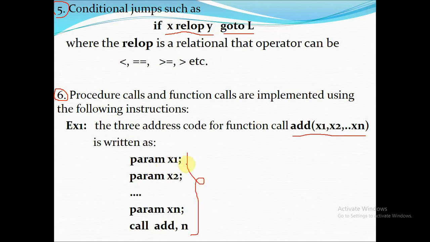So see here, param x1, param x2 and so on up to param xn. I have listed n parameters available in the add function call. And finally the reserved word call, followed by the function name, followed by the number of parameters. Here the add function takes n parameters, so n is given. Suppose the function add takes 3 parameters, in that case n will be 3.